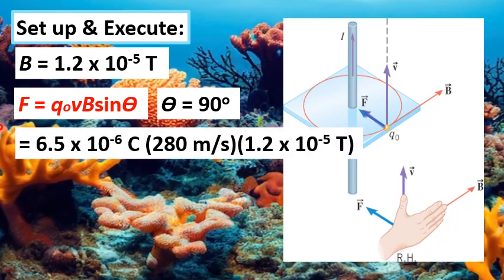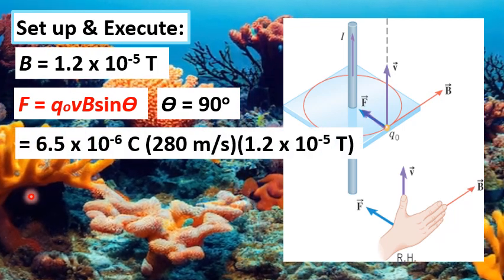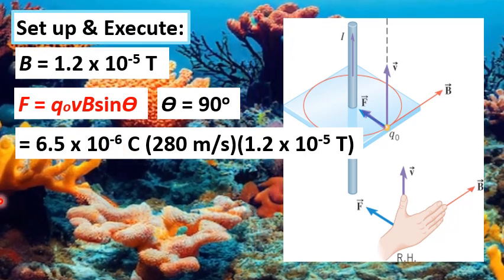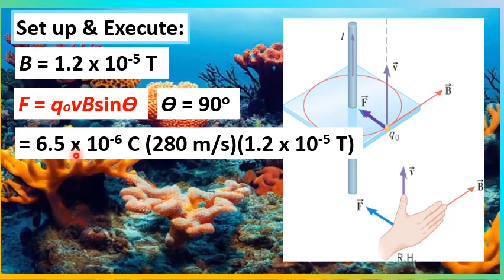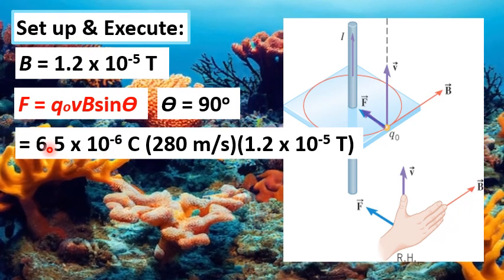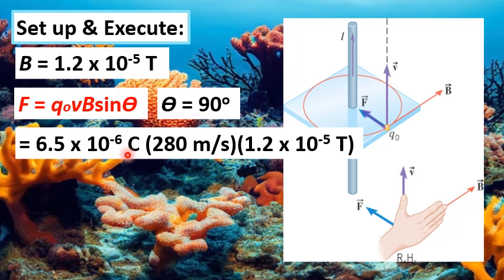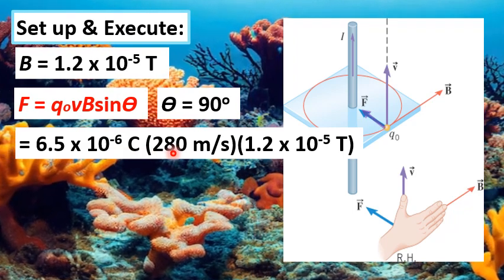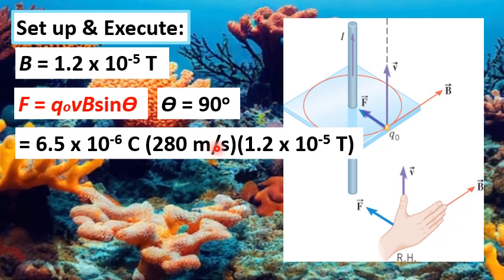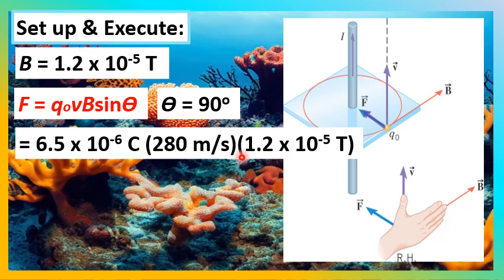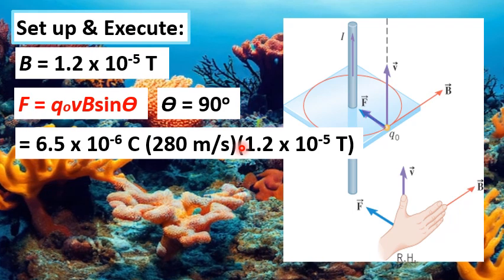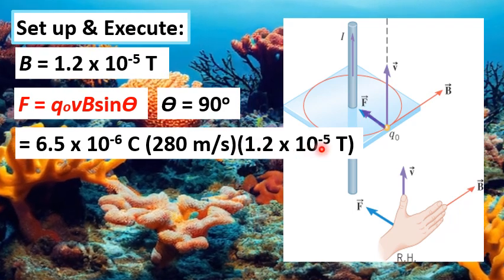So plugging in the quantities to determine the magnitude of the magnetic force, capital F, we have 6.5 times 10 to the negative 6 coulomb. This is the charge Q naught. And that is multiplied by the speed, or the magnitude of velocity, 280 meters per second, and multiplied also by the magnitude of the magnetic field, capital B, 1.2 times 10 to the negative 5 tesla.